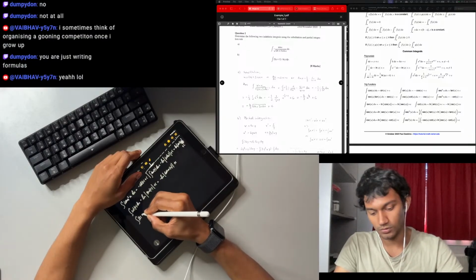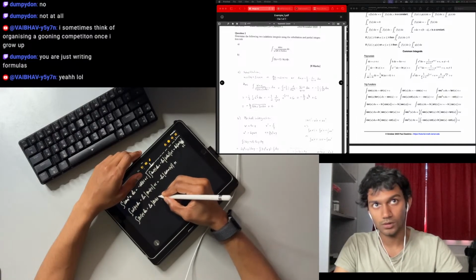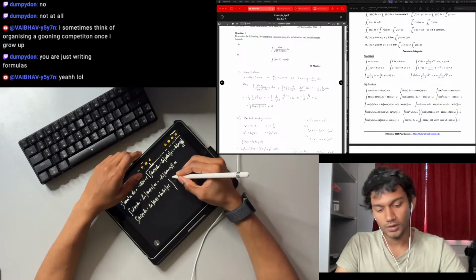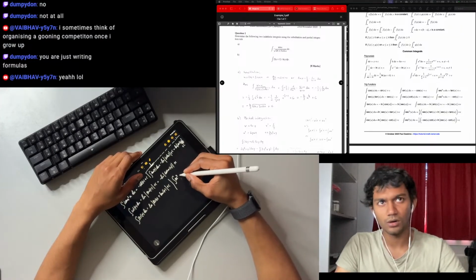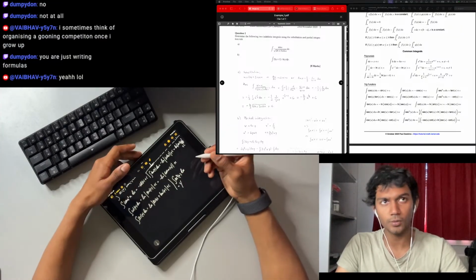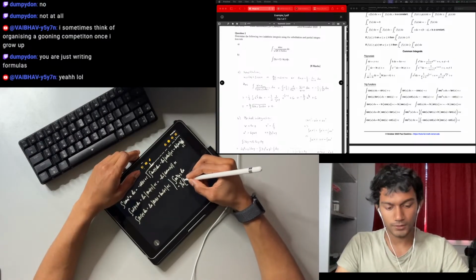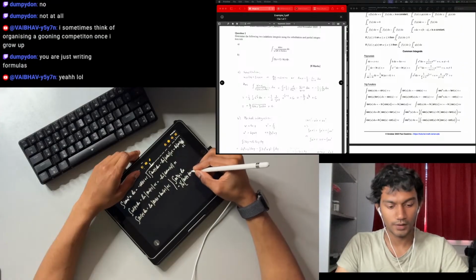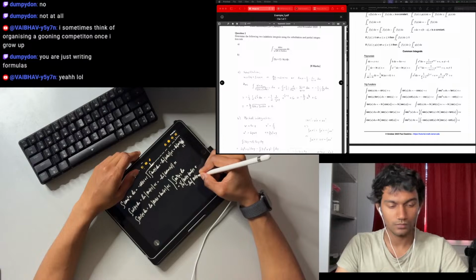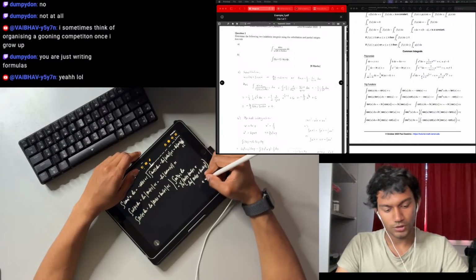Integral of sec u du equals natural log of sec u plus tan u plus c. Integral of sec cube. Whoa. Why do I have to learn all the formulas? Sec cube? Who came up with sec cube? Sec u tan u plus log of sec u plus tan u plus c.